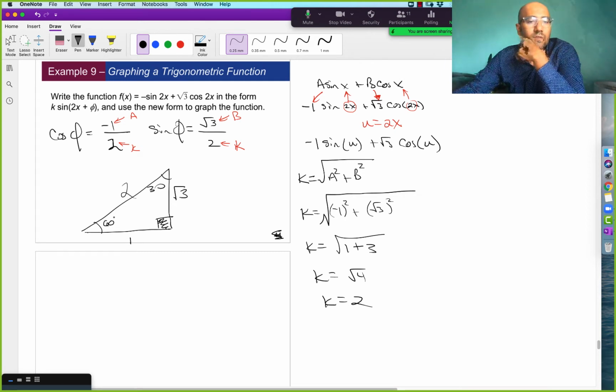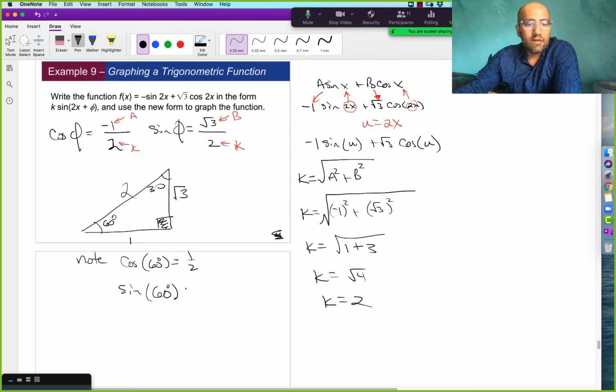I'm sorry, something to do with 60 degrees, because cosine of 60 degrees is 1/2, and at the same time, sine of 60 degrees equals root 3 over 2. So that seems like a possible contender, except that we have to be careful that this is -1/2 and that phi is positive. So in which quadrant is cosine going to be negative, but sine is going to be positive, right? So if you think about it, that's going to be in quadrant 2.